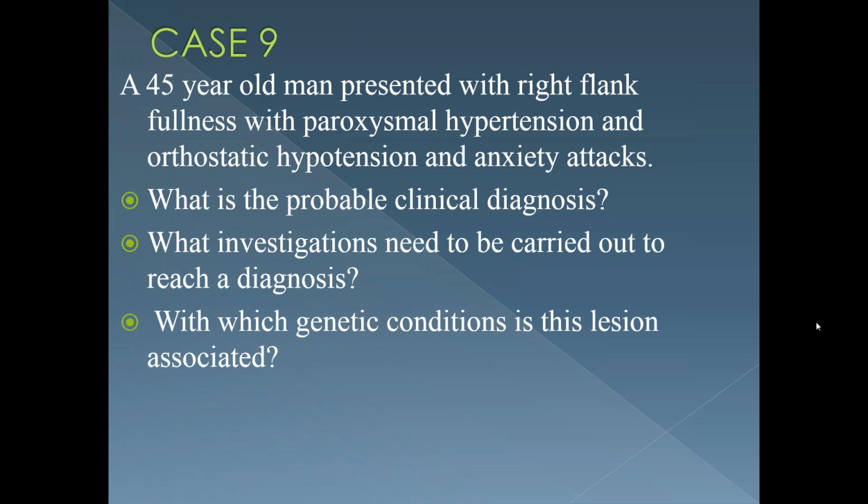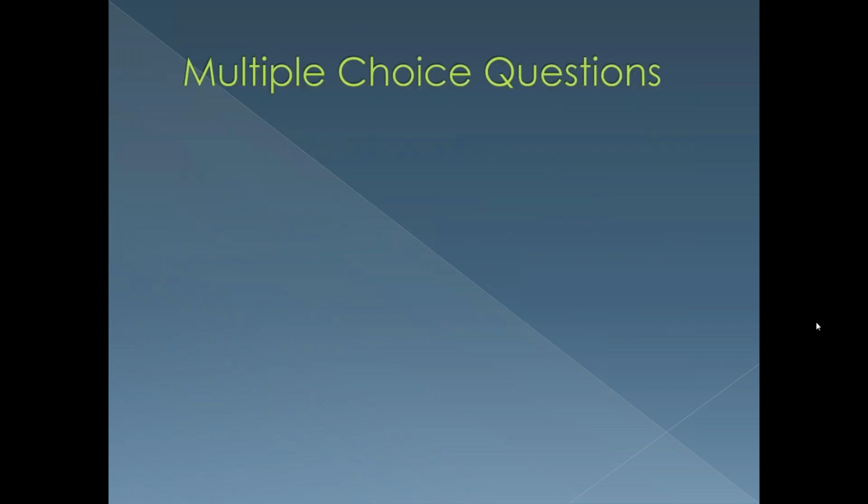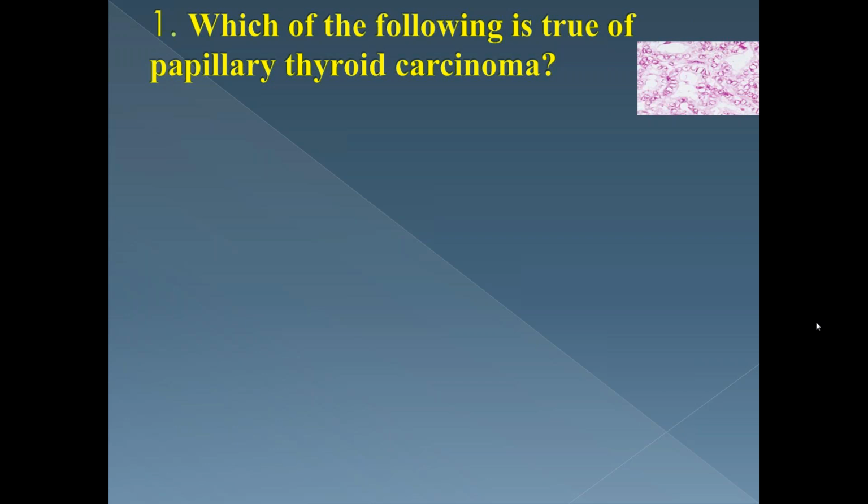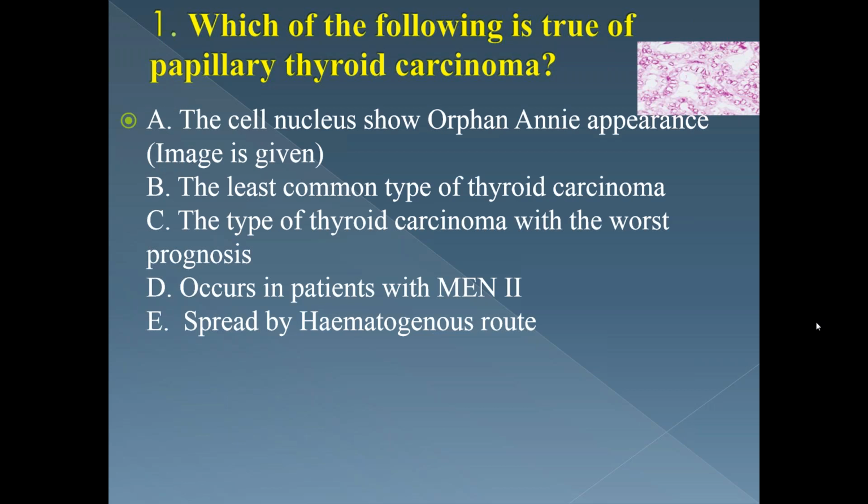Next, coming to the MCQs that are there for this particular chapter. So first is, which of the following is true of papillary thyroid carcinoma? A, the cell nucleus shows often an Orphan Annie appearance.